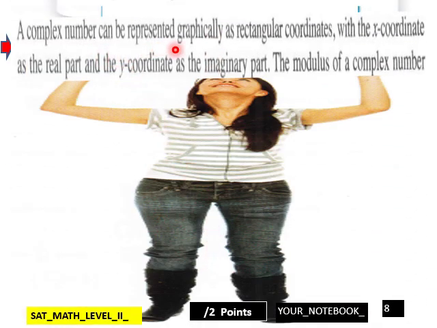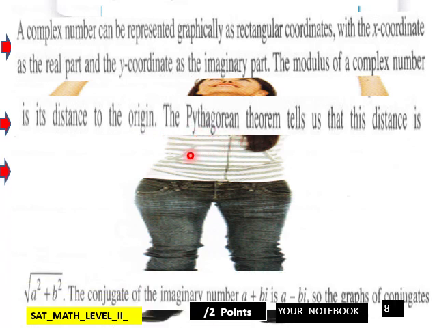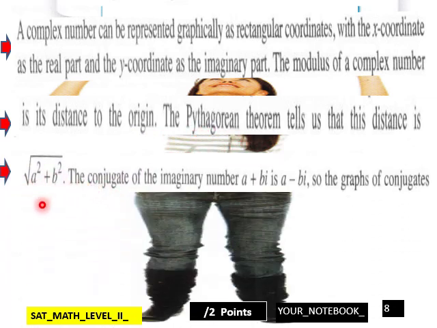A complex number can be represented graphically as rectangular coordinates, with the x-coordinate as the real part and the y-coordinate as the imaginary part. The modulus of a complex number is its distance to the origin. The Pythagorean theorem tells us that this distance is the radical of a squared plus b squared.